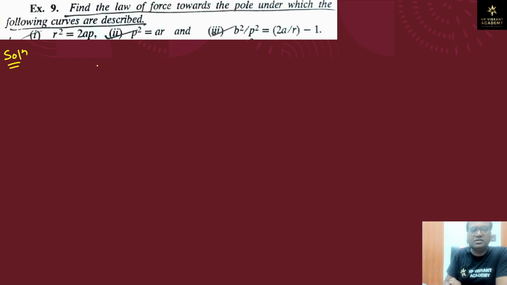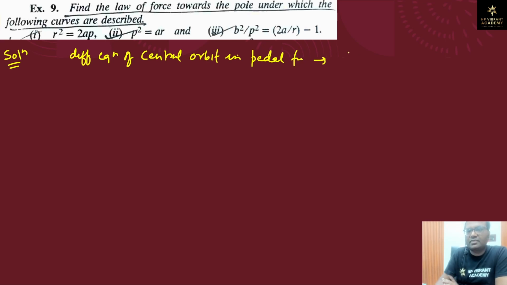So we have studied in the theory portion of the central orbit that the differential equation of the central orbit in pedal form is h square upon p cube dp upon dr is equal to central acceleration.